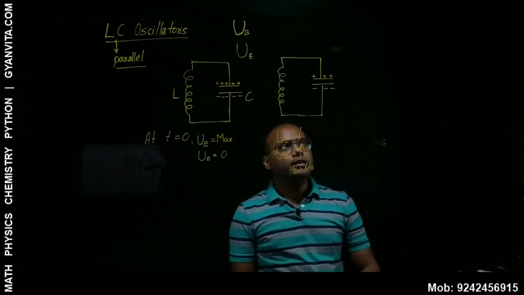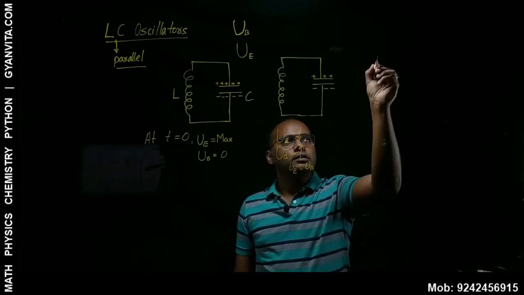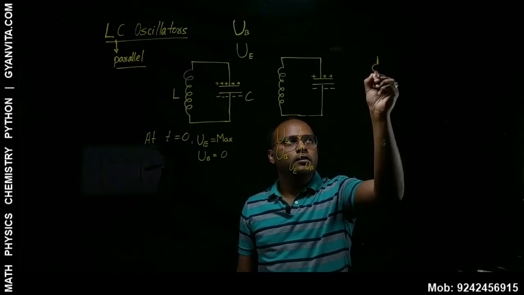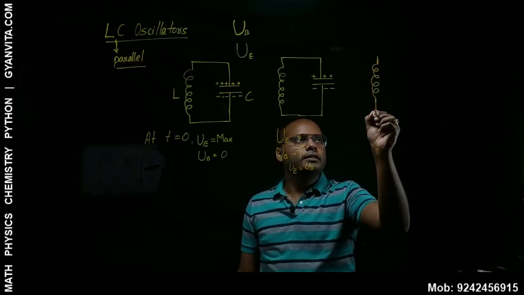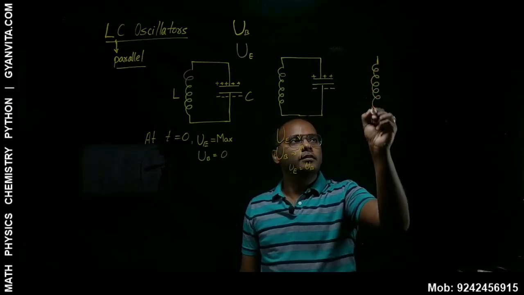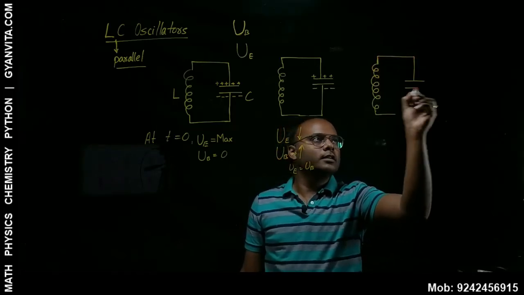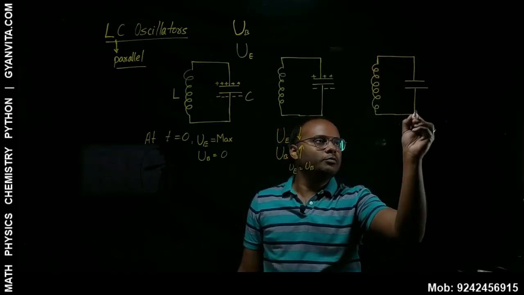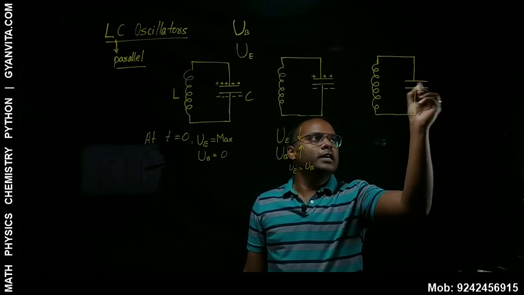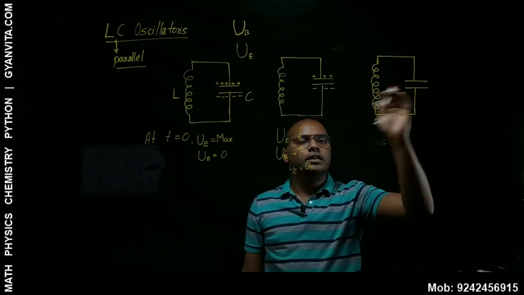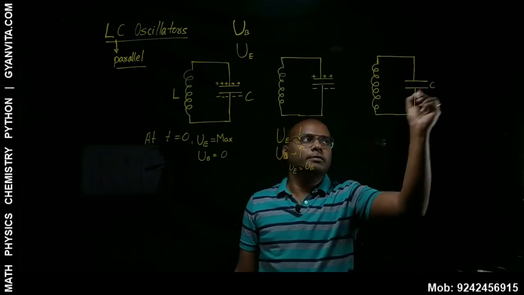And ultimately it will reach a position where this inductor and capacitor are in such a state that the discharge is complete. That means now there is no charge in this capacitor.